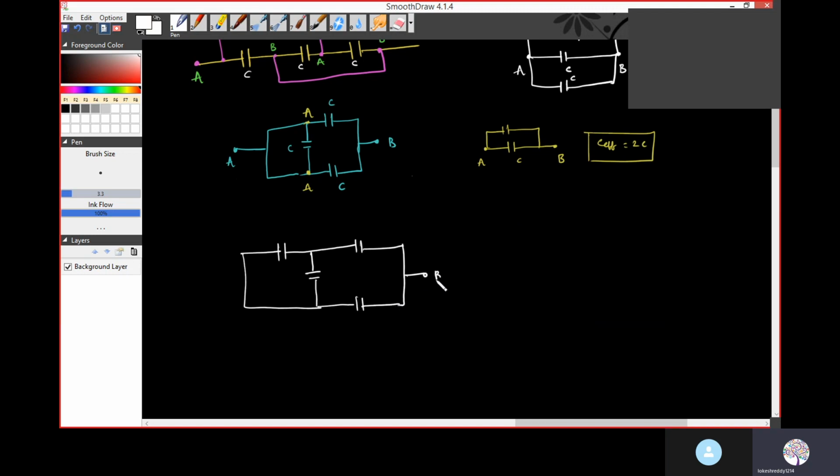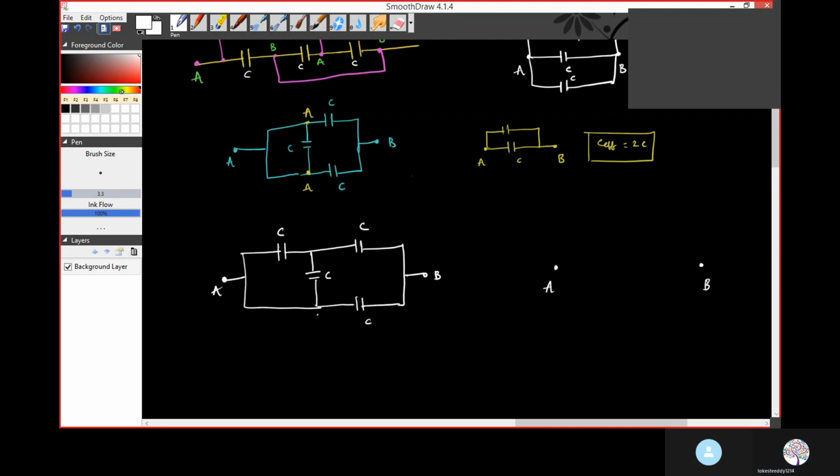That's B, that's A. This is C, this is C, this is C, and this is also C. If you look at this one, then this is A. So A to B, if I draw A to B, this is A.